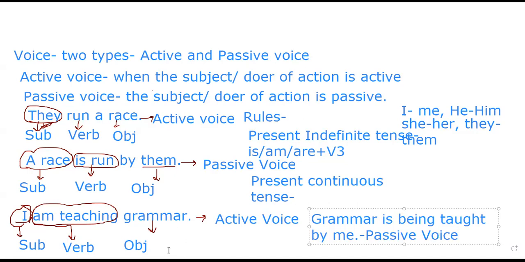It's clear? Here grammar is subject. I was the subject in active voice. Here grammar has become active while me has become passive. So here grammar is subject now.